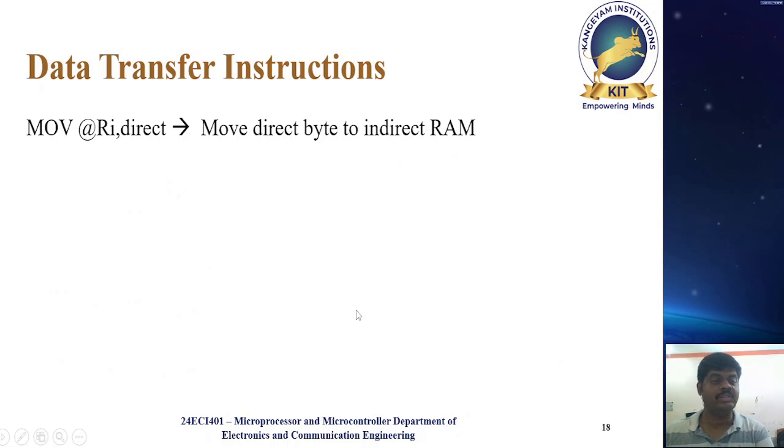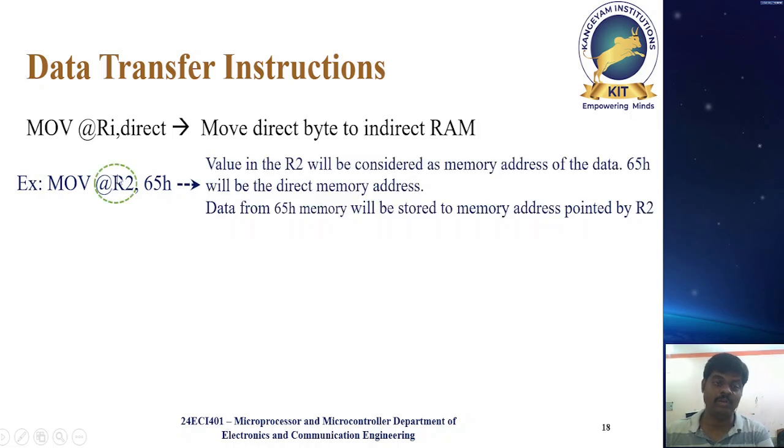Next, the same, MOV @Ri comma direct. This is also the same as the previous one. Previously we processed with the A register; here we process with the data from memory location 65. Same, R2 acts as the address of the memory location.